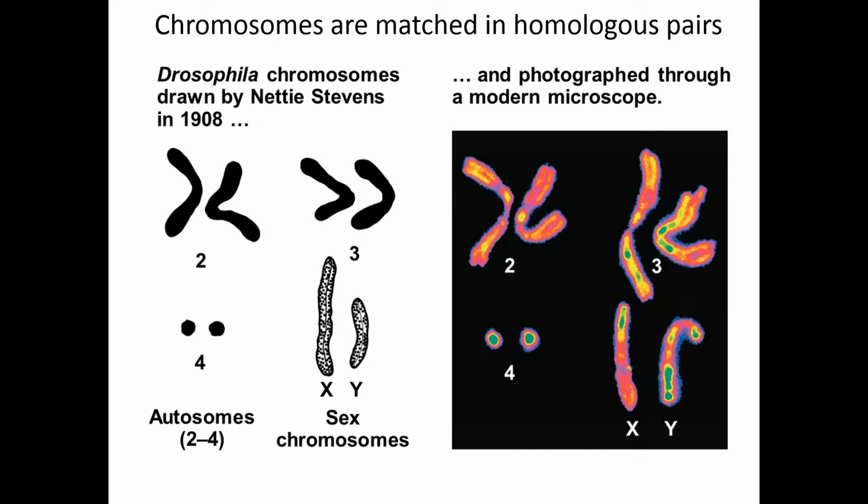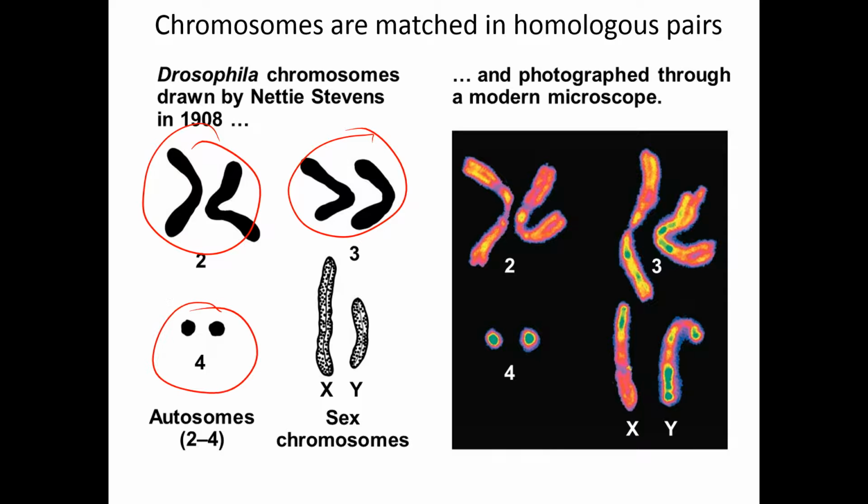You have one set, a second set, a third set, and a fourth set. In this case you have a total of 1, 2, 3, 4, 5, 6, 7, 8 chromosomes in a fruit fly. That means you have 6 autosomes and 2 sex chromosomes.